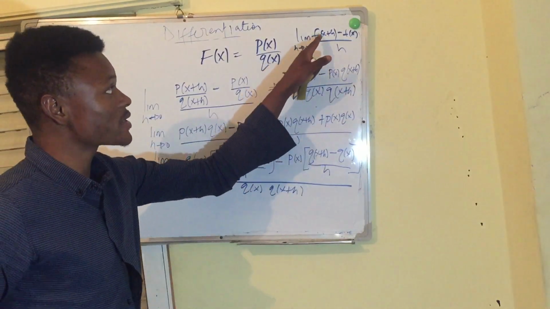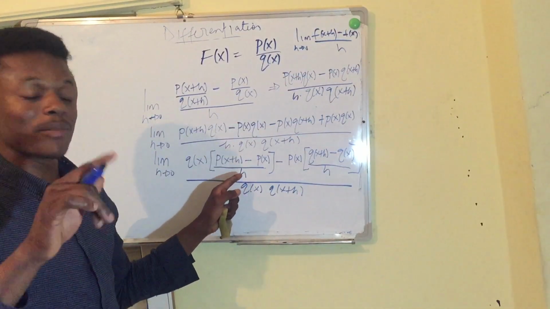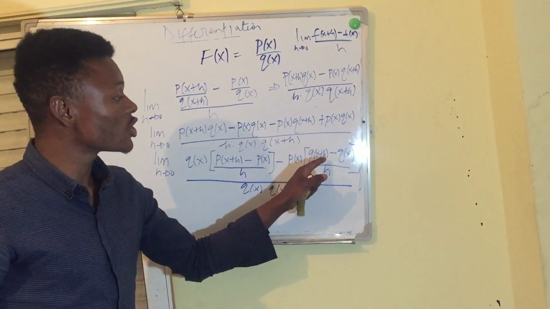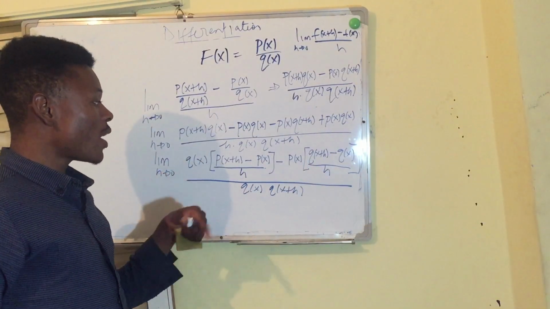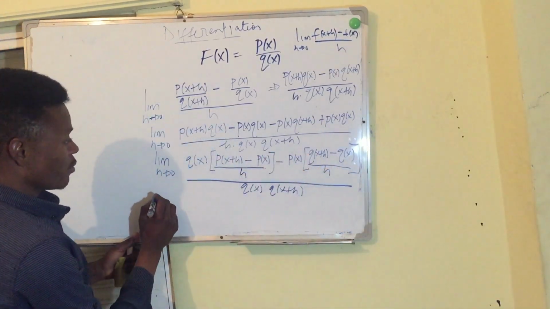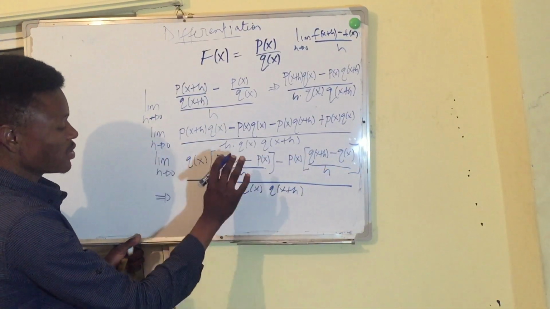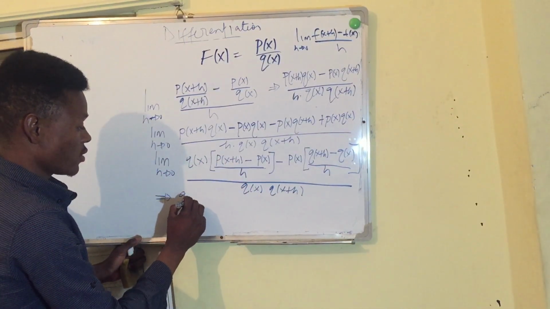Kamar derivative of f of x ya kasance f of x plus this minus that, to haka irin wannan za mu iya ce mai p prime, wannan ko za mu iya kiran shi q prime when limit then goes to 0 kenan. So applying the limit through waɗannan gaba ɗaya, muna da a q of x ba mu da wani abin da yake da relationship da h, so nothing is gonna happen.